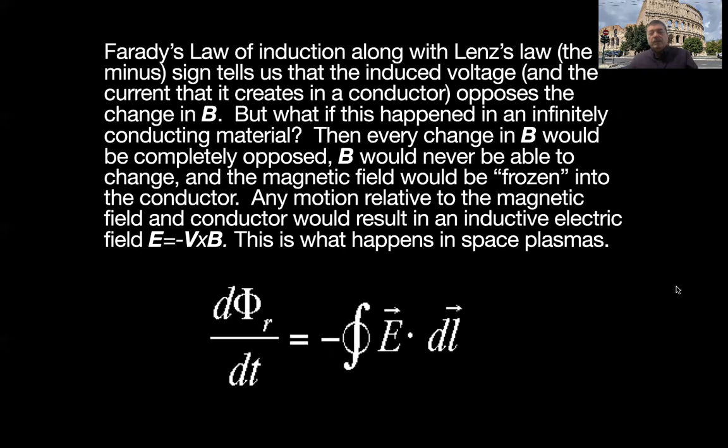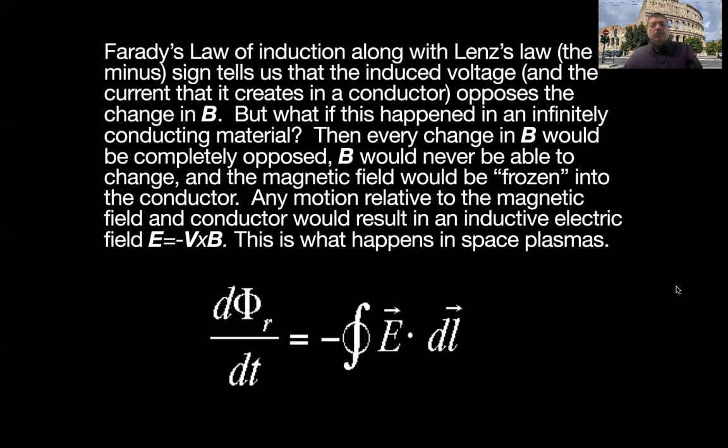So if I try to change the magnetic flux, the amount of magnetic field going through a loop, along the edge of the loop an electric field is generated, the inductive electric field, which then drives a current that tries to oppose that change, and that's that minus sign. But if this happens in an infinitely conducting material, then every change in the magnetic field would be completely opposed, and the magnetic field would never be able to change. The magnetic field would be frozen into the conductor.